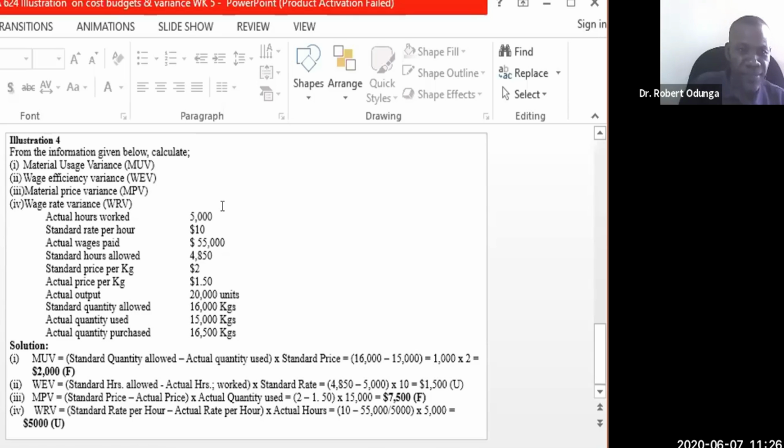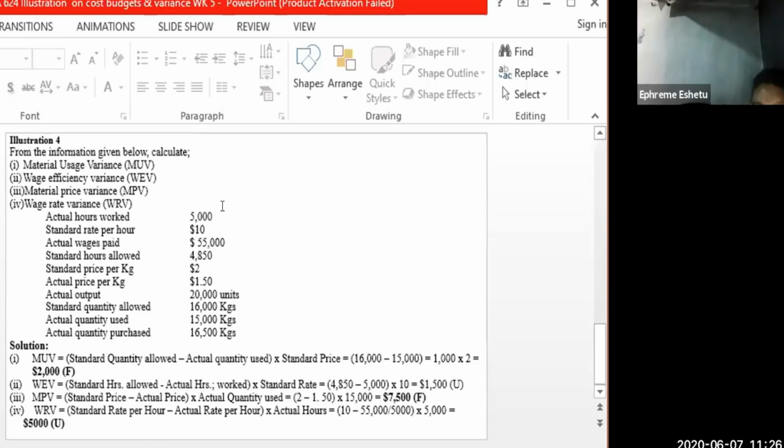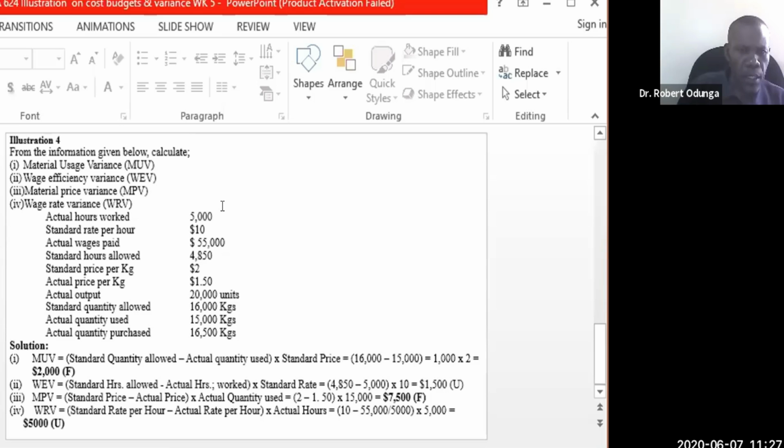Standard hours allowed is 4,850. Standard price per kg is 2. Actual price per kg is 1.5.